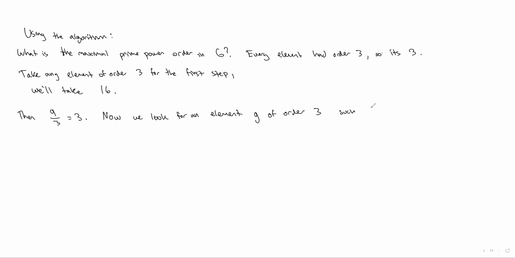We want G and G squared to both not be in the subgroup generated by 16, which is equivalent to saying that G and G squared are both not in the set 1, 16.